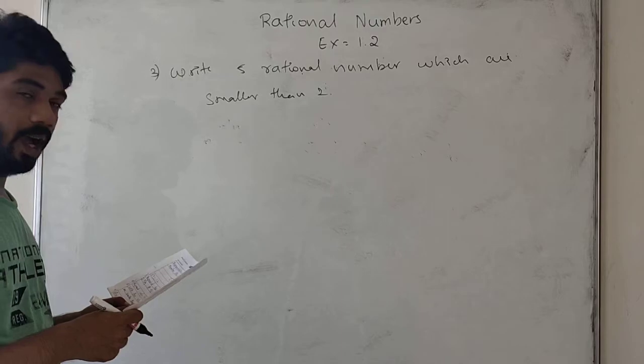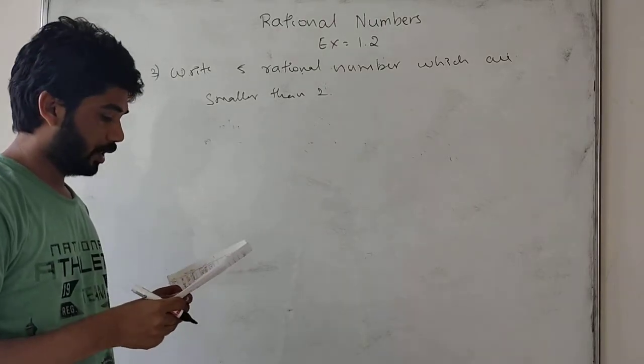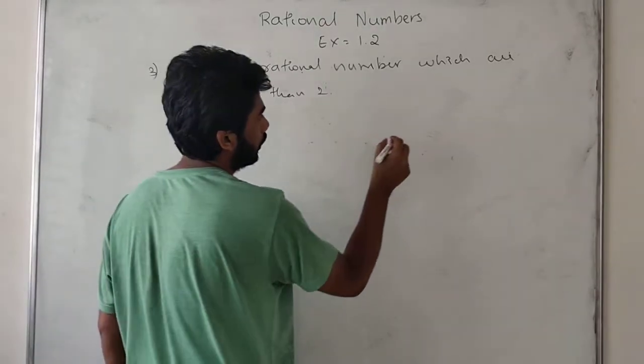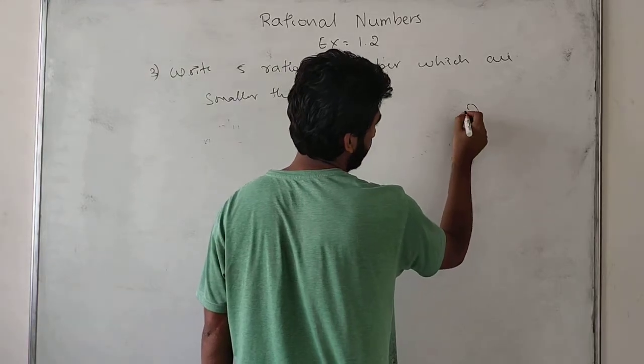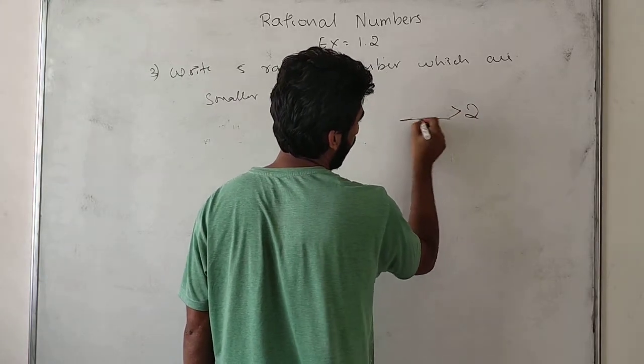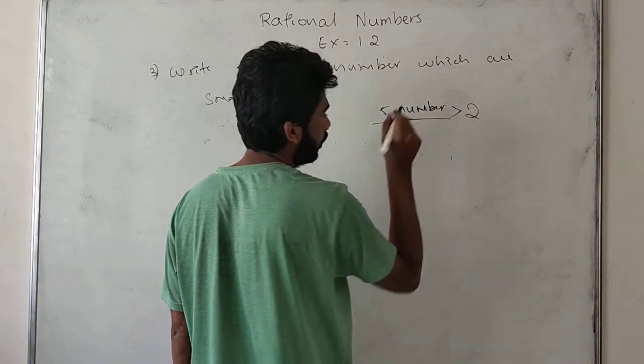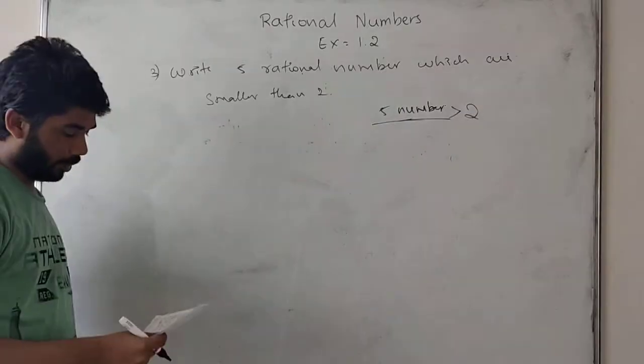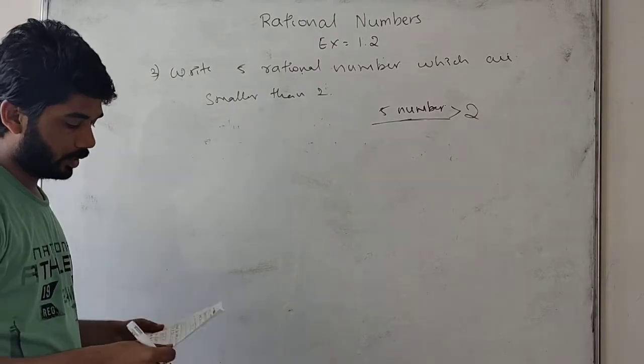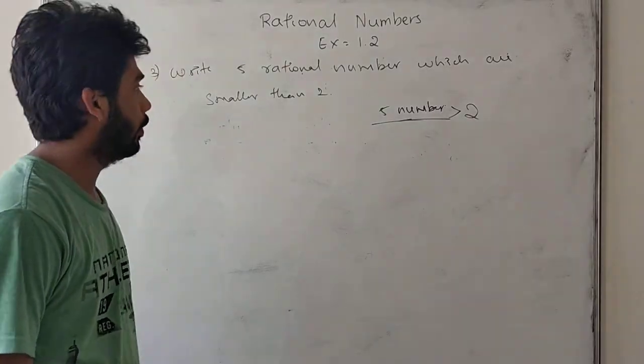Okay students, here we have to write rational numbers which are smaller than 2, means a number which is less than 2. We have to write 5 numbers in this one. So what are the rational numbers we can get?